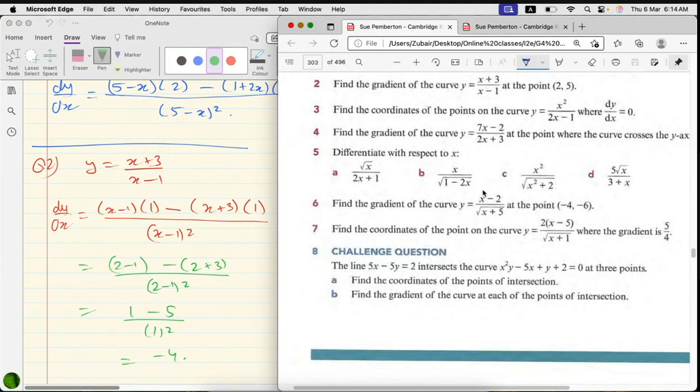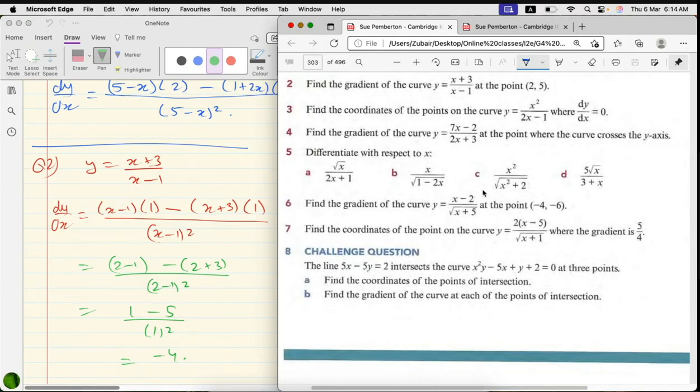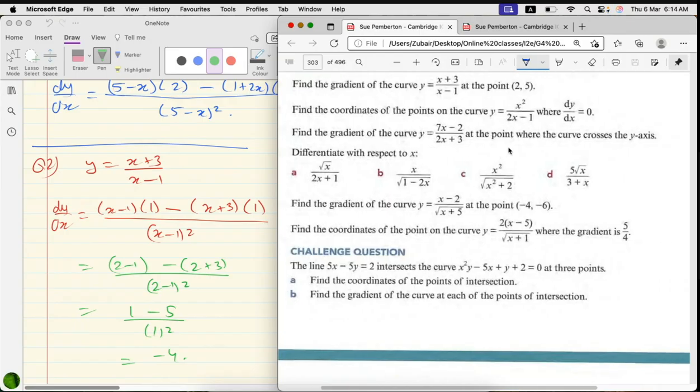Last question, question 4. Find the gradient of the curve y equals this at the point where the curve crosses the y-axis.